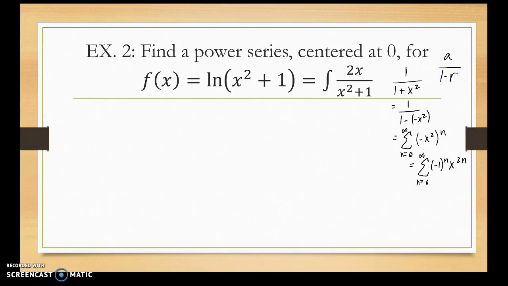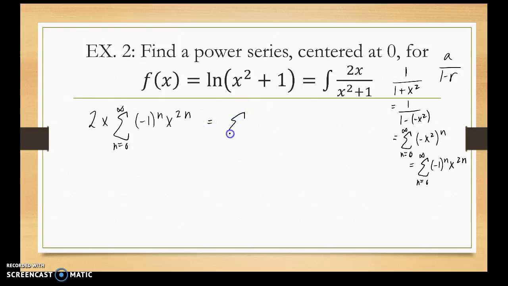Now if I want 2x times that series, I have 2x times the sum from 0 to infinity of -1 to the n, x to the 2n. Let me multiply it through.